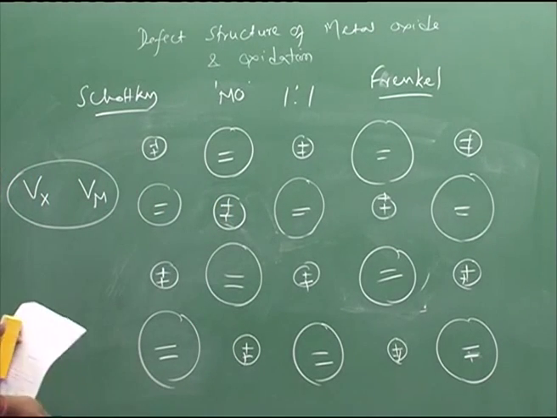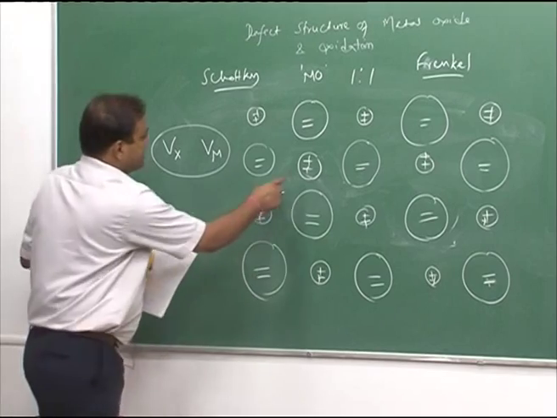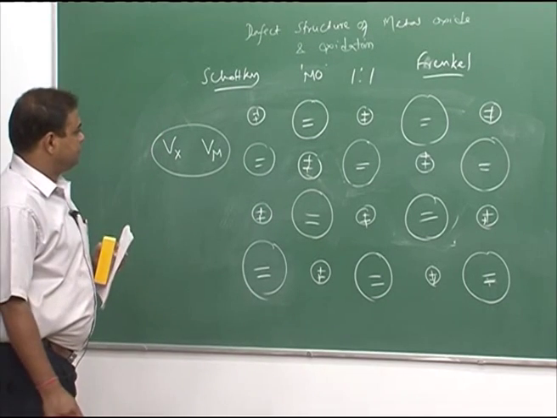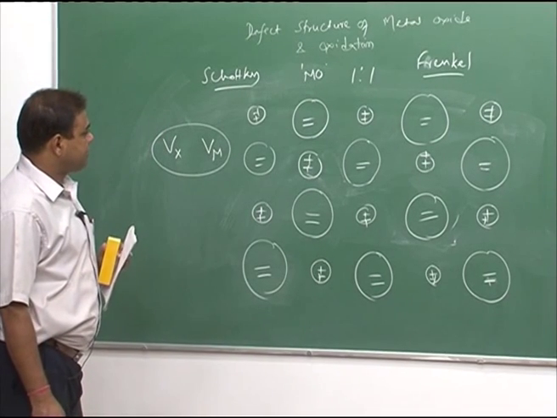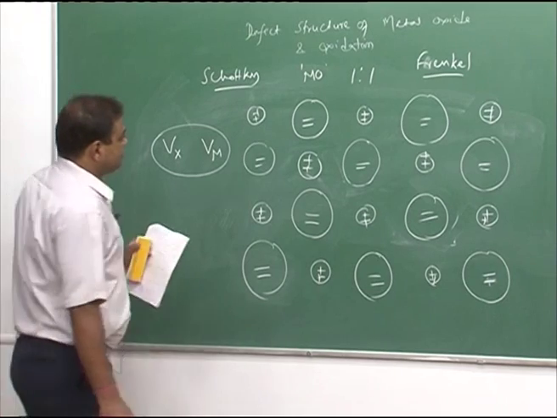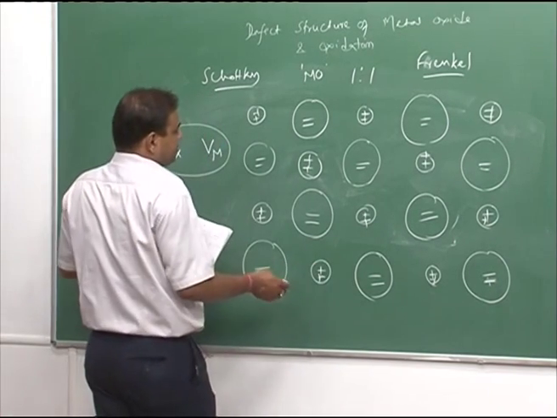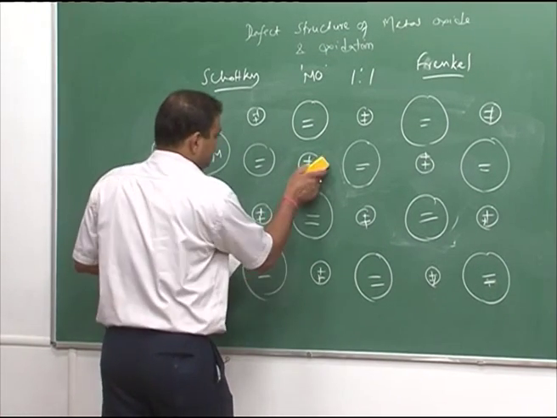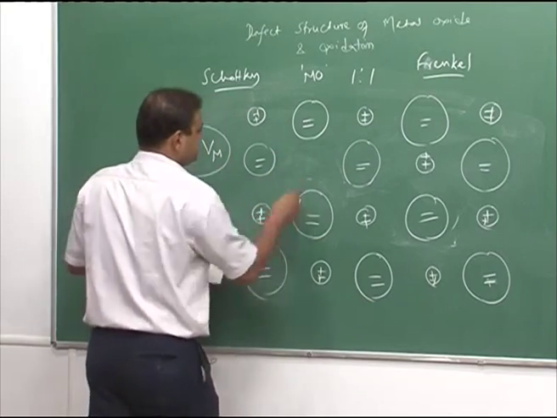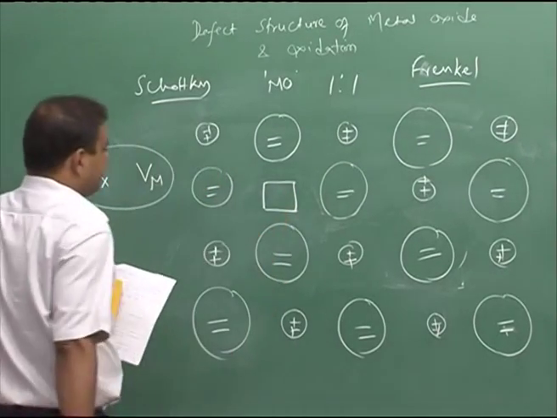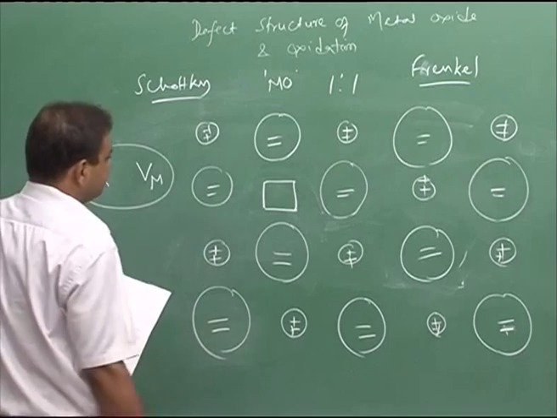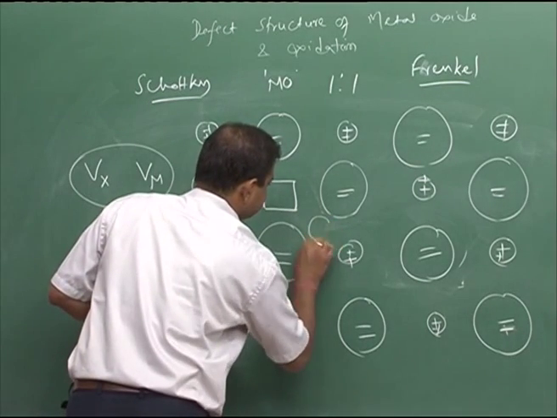In that case, since cationic size is smaller than anionic size, there could be a vacancy created here, and then that cation will come and sit here in the interstices.